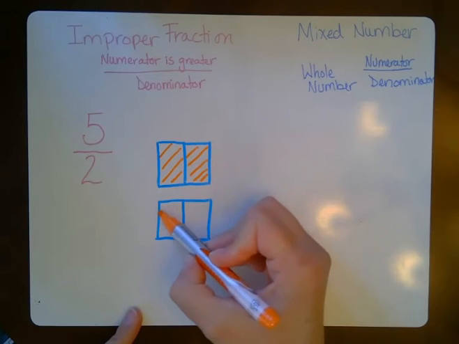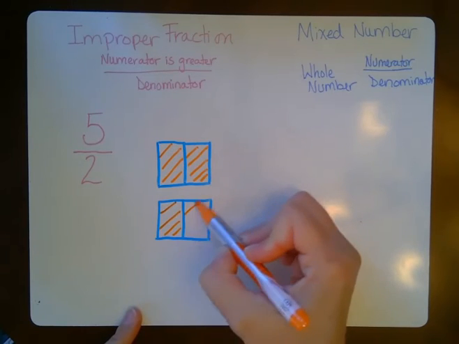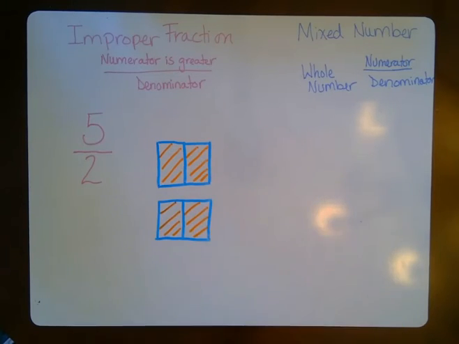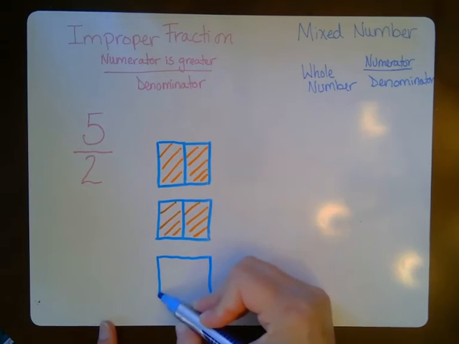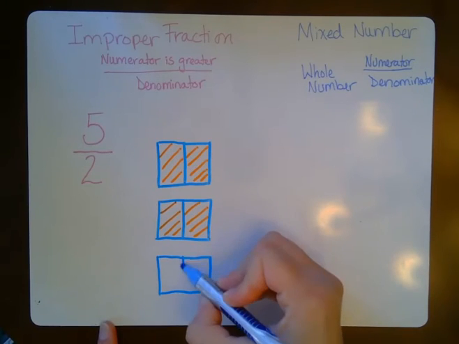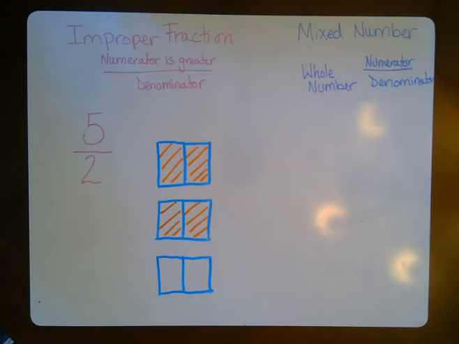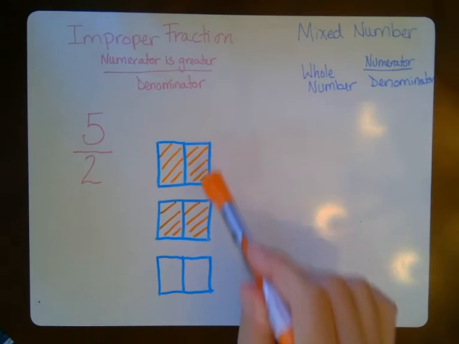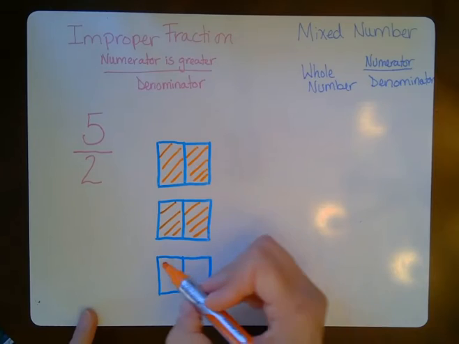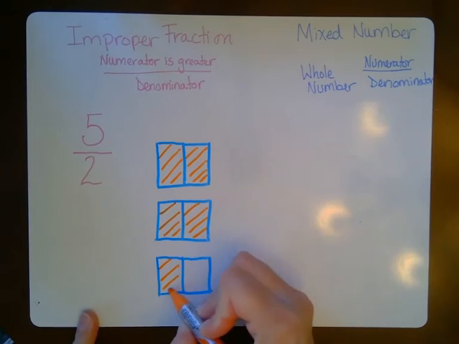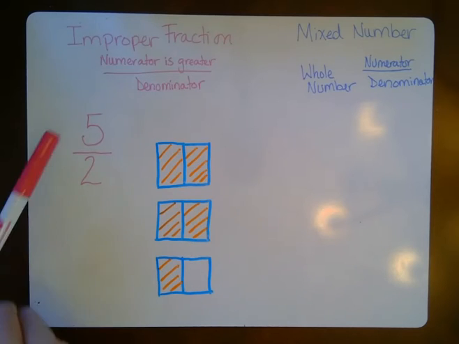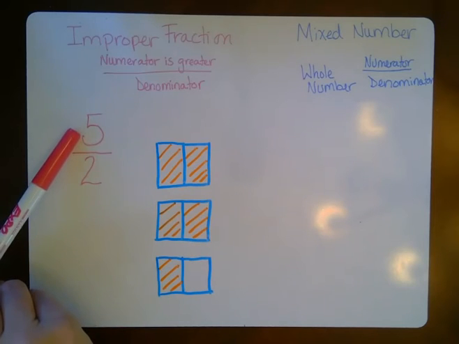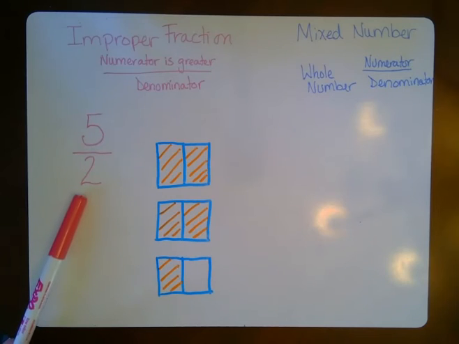So I had 2 here, 3, 4. Oh, I'm going to need one more model. Again, my denominator is a 2, so I'm going to split that into 2 parts. I have 2 here, plus 2 here is 4, which means I need one more shaded part. My improper fraction shows 5 shaded parts with each of my models showing halves.